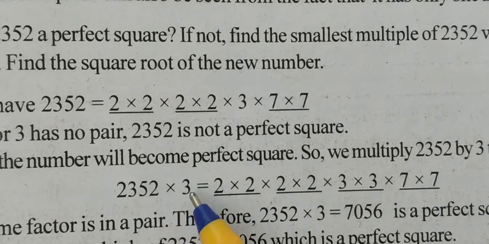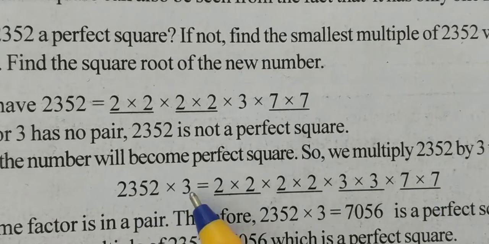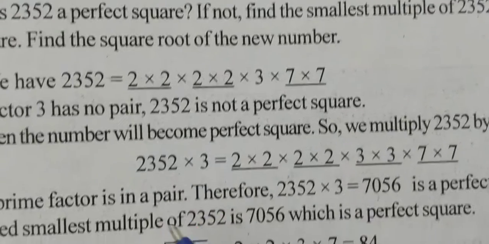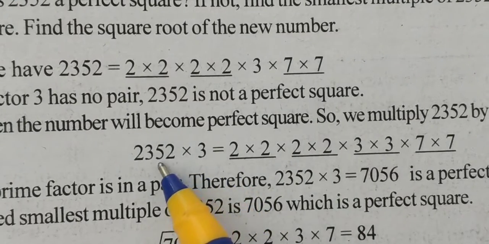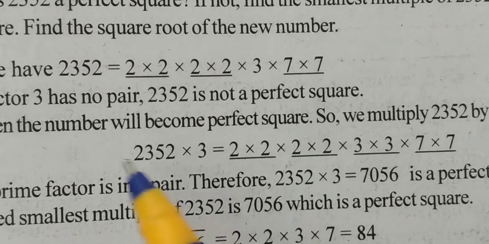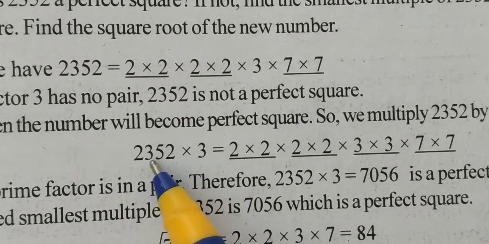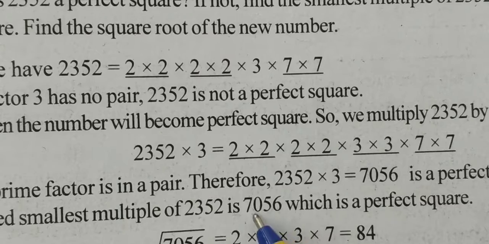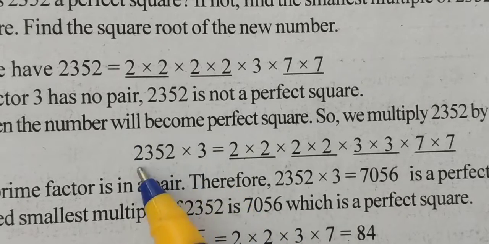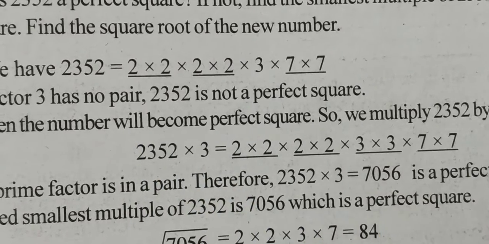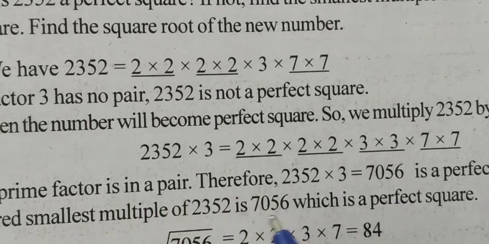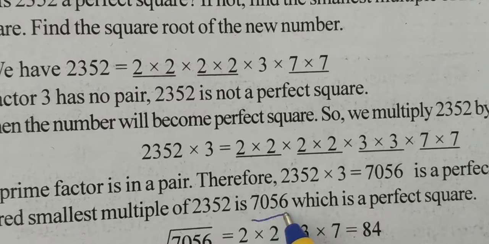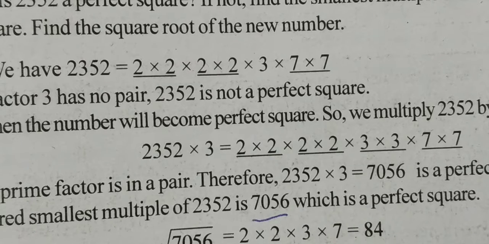All you have to do is multiply 3 to this number. 2 3s are 6, then 3 5s are 15, 5 and 1 carry over, 3 3s are 9 plus 1 is 10, 0 and 1 carry over, 3 2s are 6 plus 1 is 7. So on multiplying 3 to 2352 we get a new number, that is 7056, which is a perfect square.